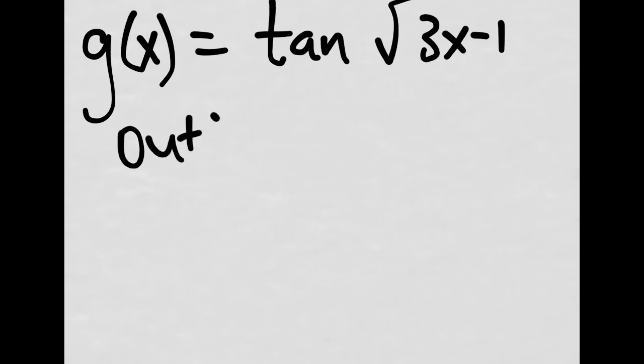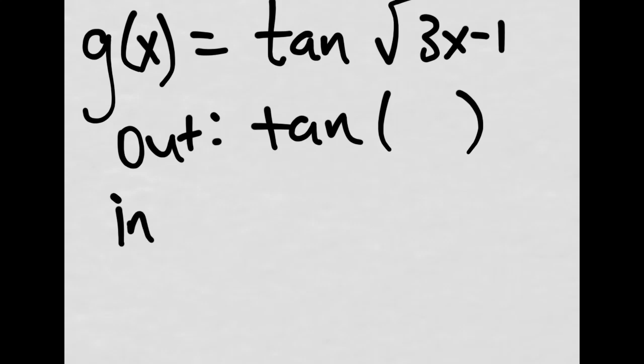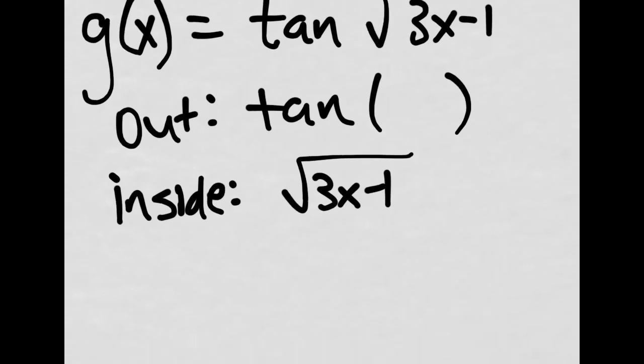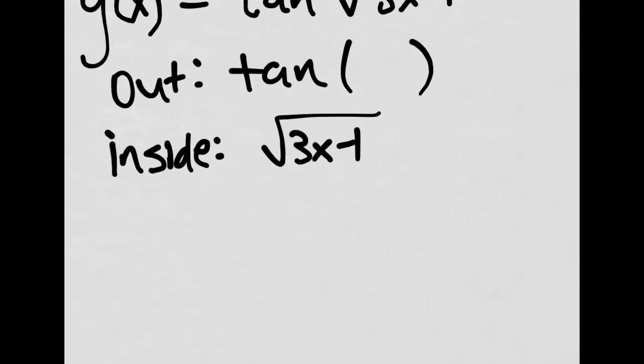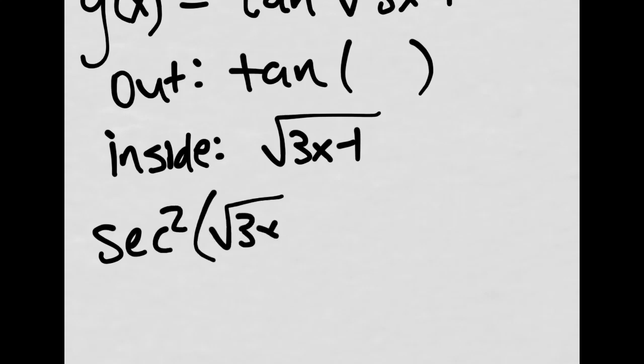The outside is tangent. What's the inside? If I take the derivative of the outside, it's going to be secant squared of the square root of 3x minus 1. What's the derivative of the inside?